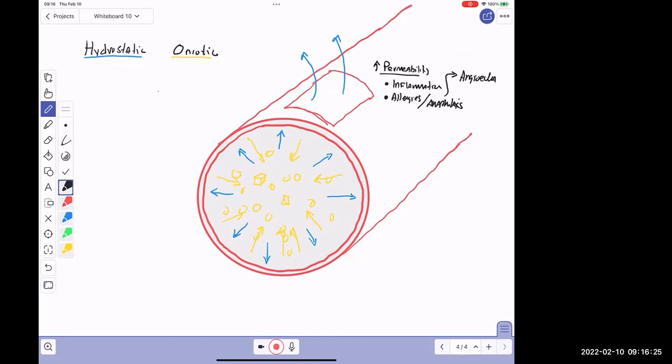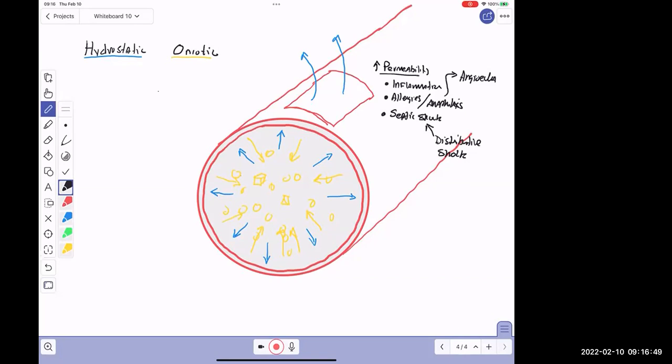Okay, certain shock states can do this too. For example, septic shock. And septic shock belongs to a category of shock states referred to as distributive shock, where you have a redistribution of body fluid.